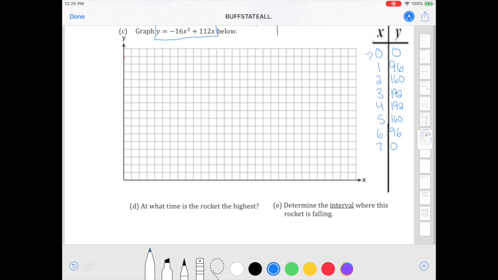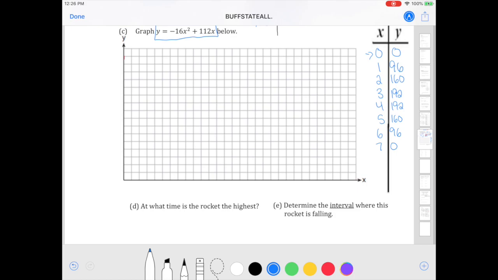Now we're going to get into scaling. Your x-axis. Look at the x's in the table. We have all x values from 0 through 7. So for 0 through 7, I need this x-axis on the bottom to be scaled from 0 through 7.